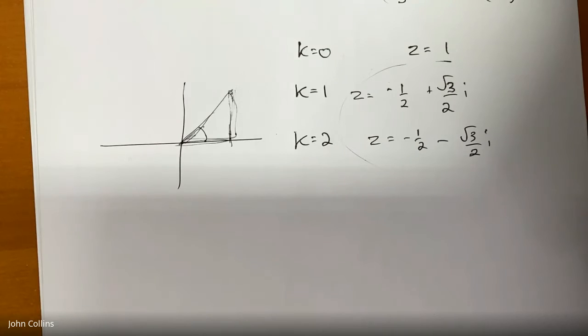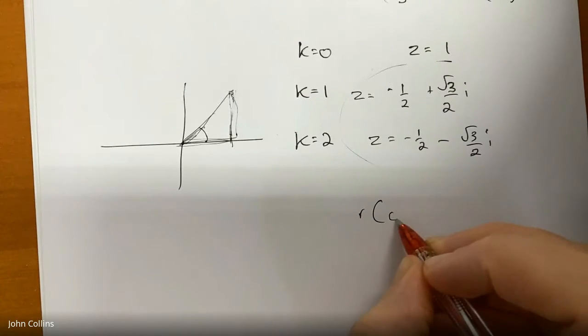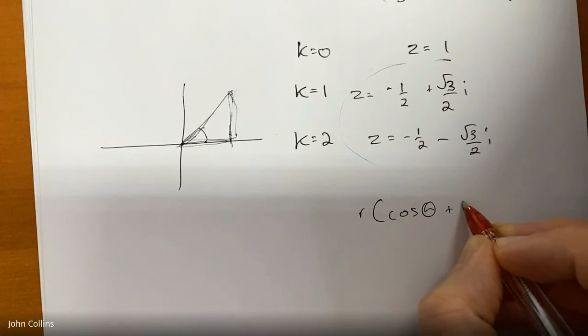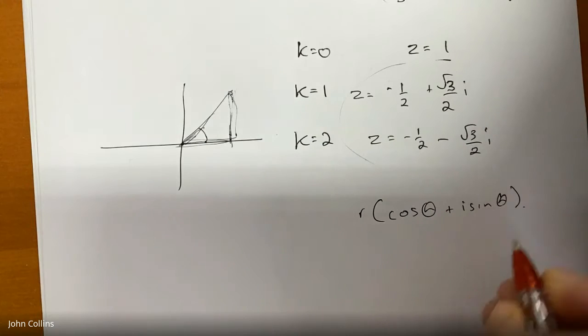Oh, yeah. So it's basically, we do want to know why the Morse theorem works. Yes. Well, the Morse theorem is just a repetition of that modulus argument form, cos theta plus i sine theta.